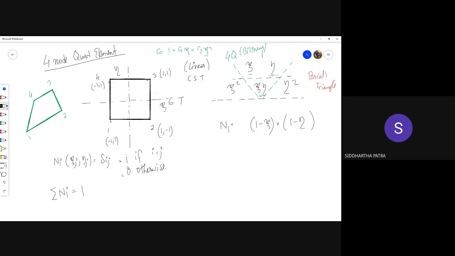Now it has to be equal to 1 on node number 1. So substitute the values of xi and eta in N1, which are minus 1 and minus 1. Then you would realize that I am supposed to divide this whole thing by 4.